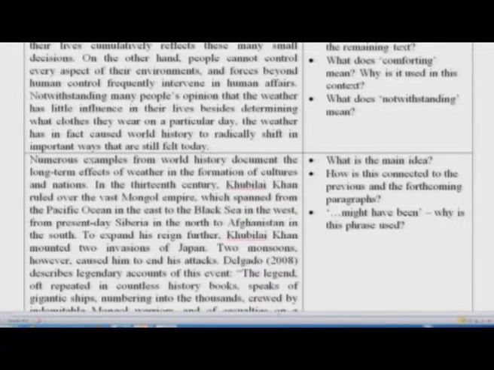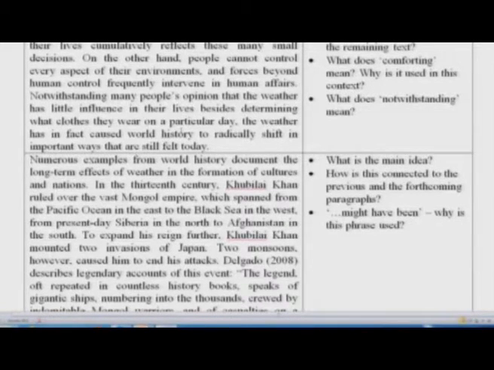How is the first paragraph connected with the title and the remaining text? We know the title, how weather has changed world history. The first paragraph comes to weather slowly, starting with what people generally believe in, and then it comes to this.